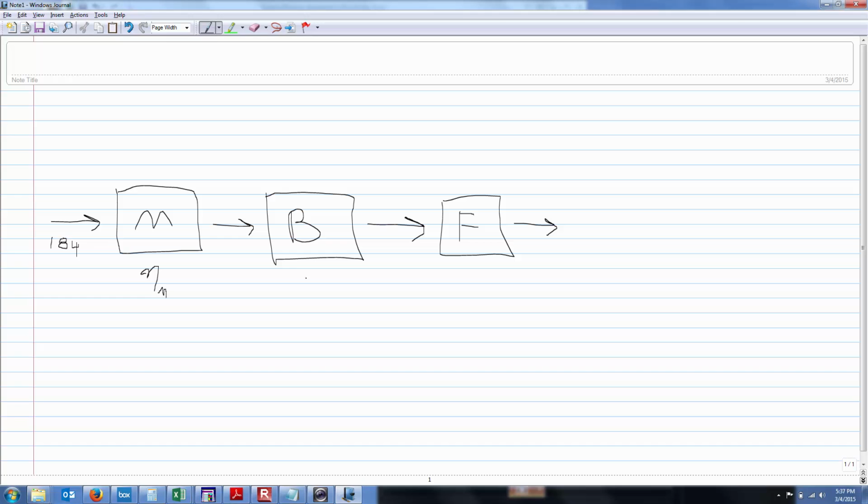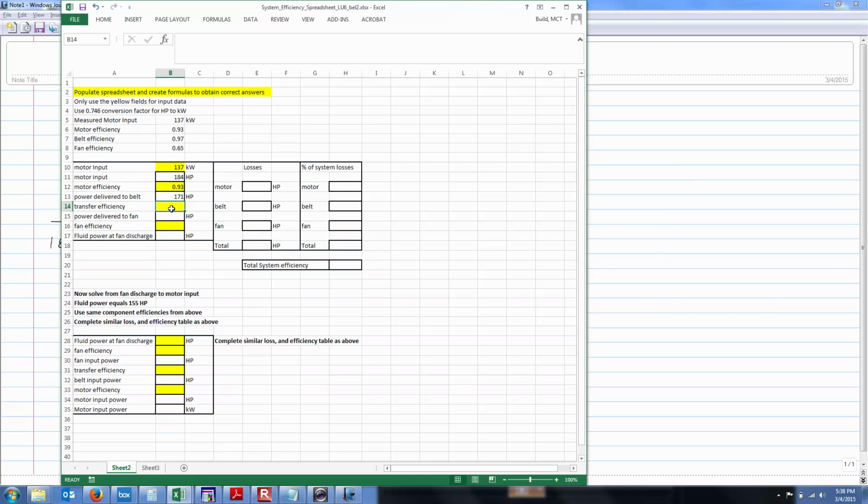And we also have an eta belt here, and an eta fan here. And so on down the road, we're losing power all the way. So it equals power in times efficiency.